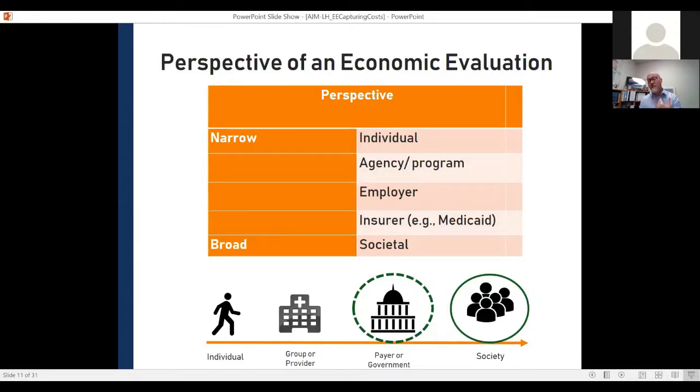But what might matter to that individual is that by stopping the use of cigarettes, they can save a certain amount of dollars on the cigarettes they're no longer purchasing each day and over the course of the year. So the costs that might matter more to that individual are those for the expenditures on tobacco.